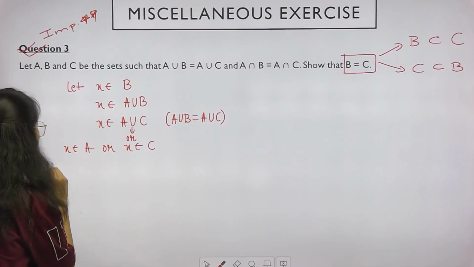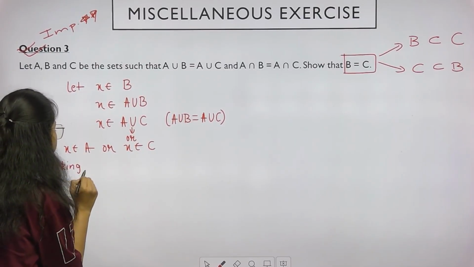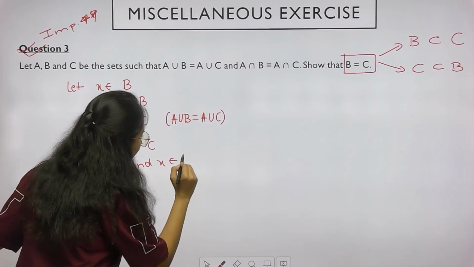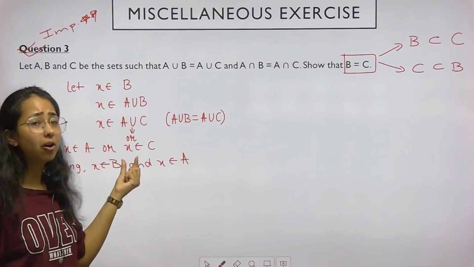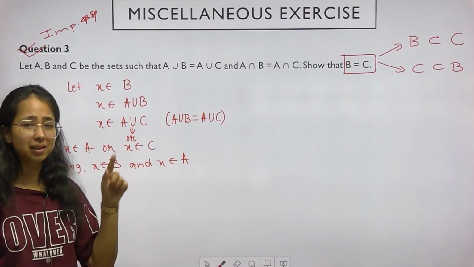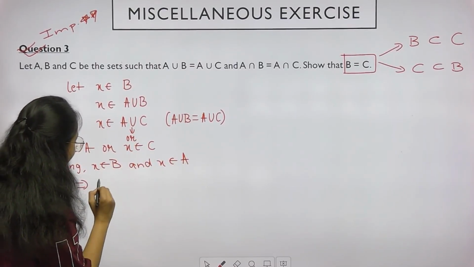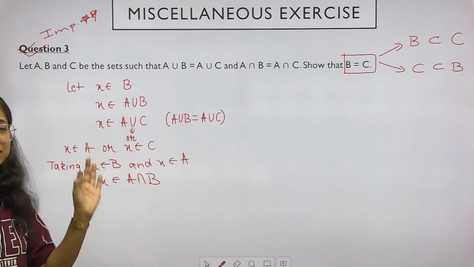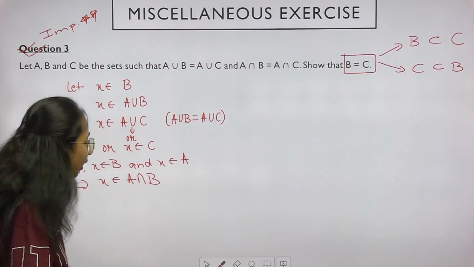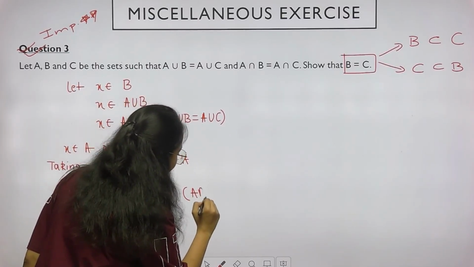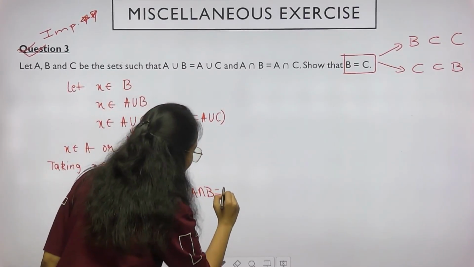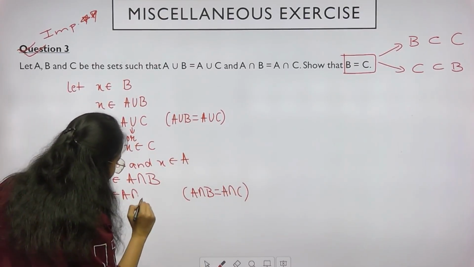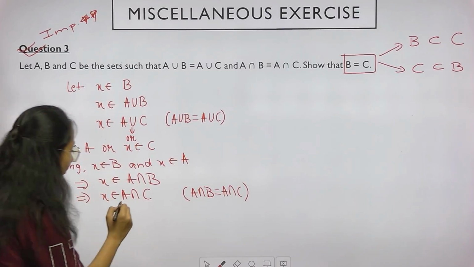According to that, we can write that taking X belongs to B and X belongs to A. What is the meaning of and in sets? And means intersection. Now we can write that X belongs to A intersection B because X is a part of B and X is also a part of A. So according to the question, A intersection B is equal to A intersection C. Now we can write it as X belongs to A intersection C. Now what is the meaning of intersection?